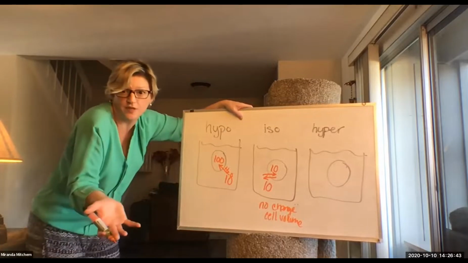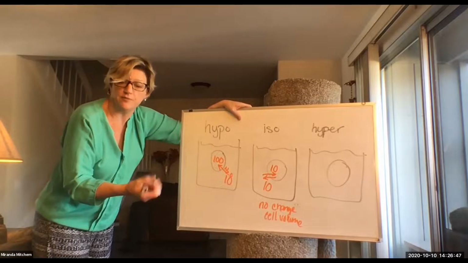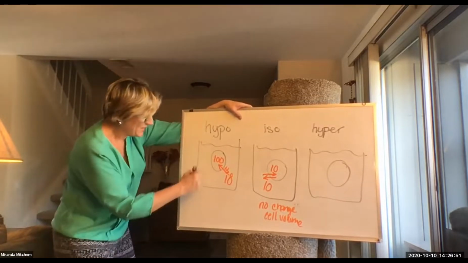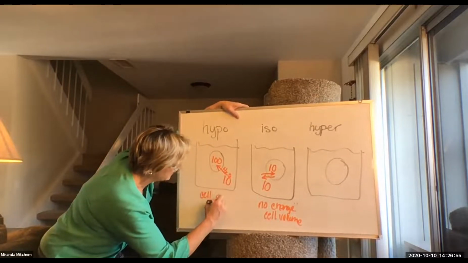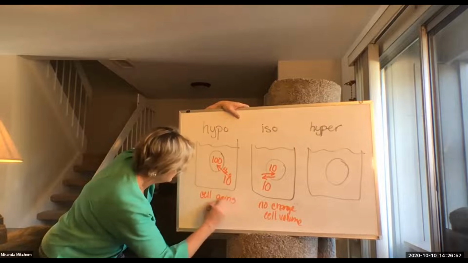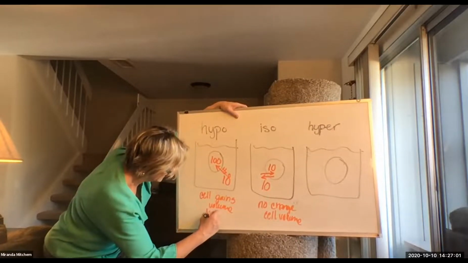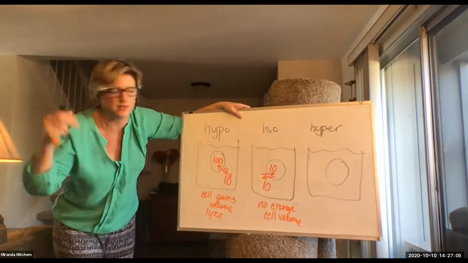Like, imagine you're filling up a water balloon. It gets bigger and bigger and bigger, and then eventually it could pop if it doesn't fall off the hose. So here the cell gains volume, and it eventually will lyse. It eventually undergoes lysis. It pops.